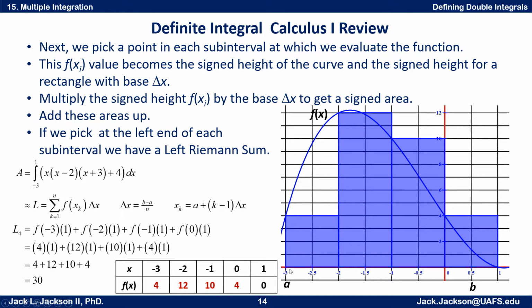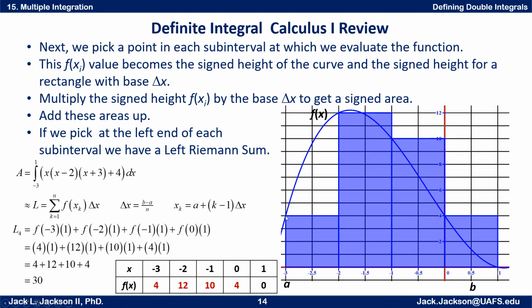So we can pick any one of the infinitely many x's between, say, -3 and -2 for this first interval, go up to the curve and find the height. Here I happened to choose the left side every time. This leads to what we call the left Riemann sum. So on this first interval, I go to the left side at -3 and find the height, which is f of -3, this height right here.